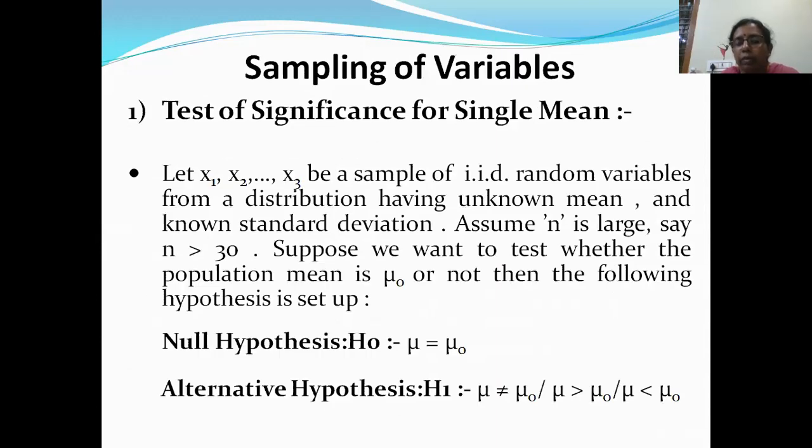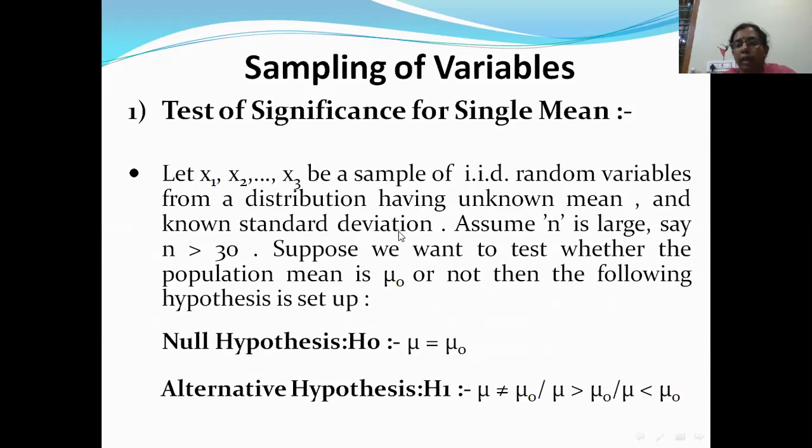In sampling of variables, you have test of significance for single mean and test of significance for difference of means. These are the two important tests you have for sampling of variables in large sample test. So first we'll discuss test of significance for single mean. Let x1, x2 up to xn be a sample of IID random variables from a distribution having unknown mean and known standard deviation.